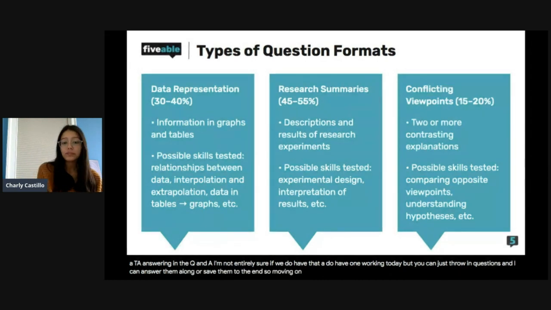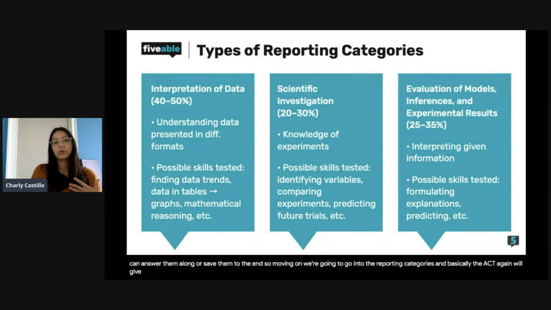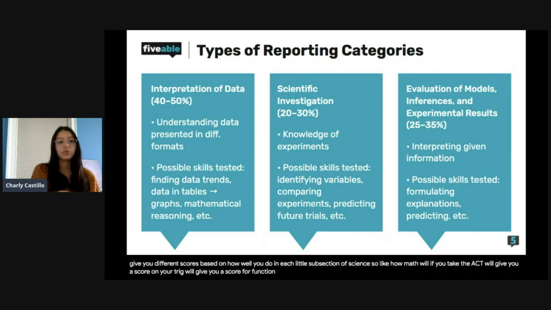So moving on, we're going to go into the reporting categories. Basically the ACT, again, will give you different scores based on how well you do in each little subsection of science. Like how math, if you take the ACT, will give you a score on your trig, a score for functions, a score for algebra.